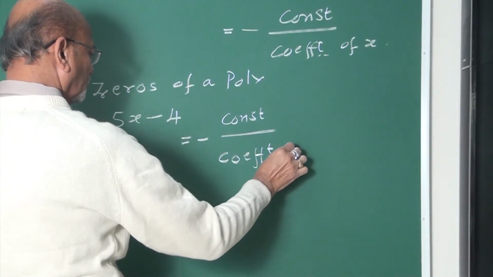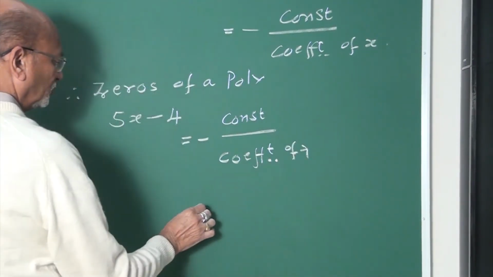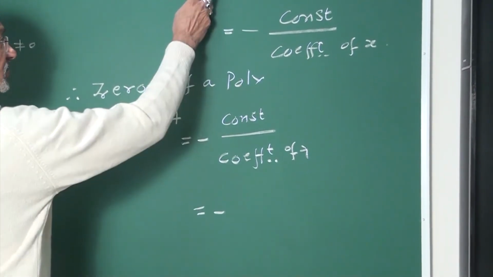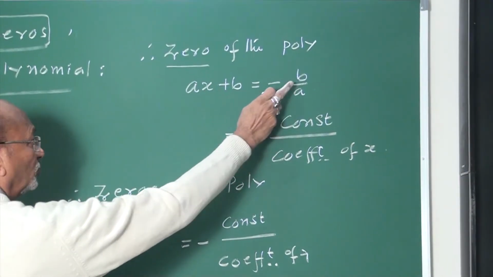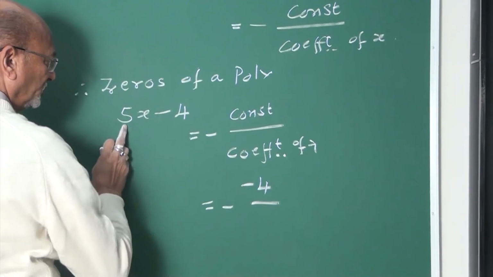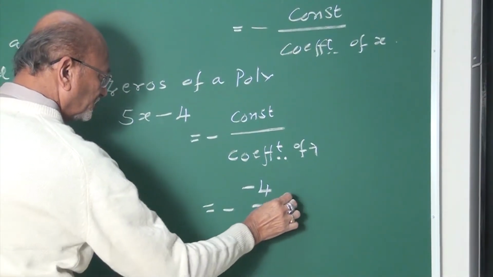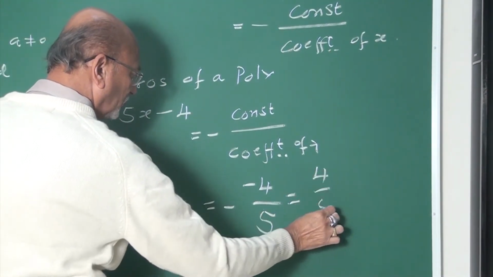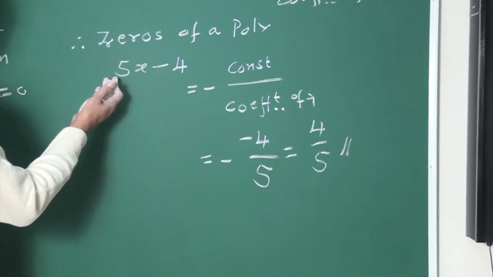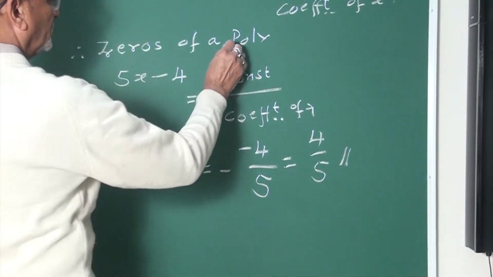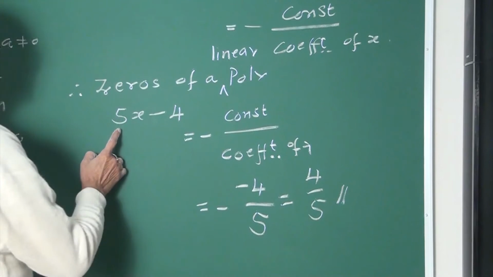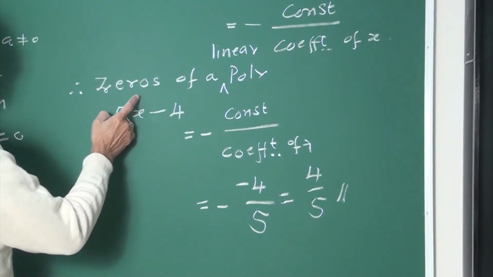Whatever the constant term is, you have to write it there, it is minus 4, upon the coefficient of x, which is 5. If you simplify this, my friends, it is 4 by 5. This is the zero of a linear polynomial. This is a linear polynomial because its degree is 1.